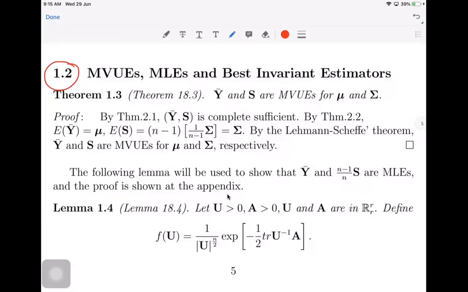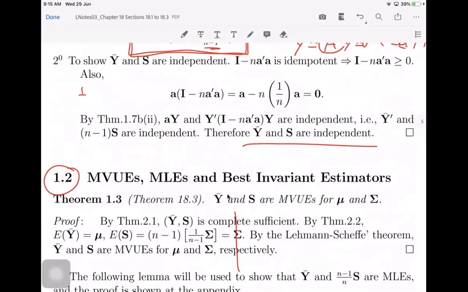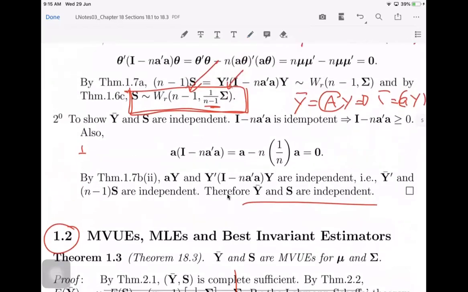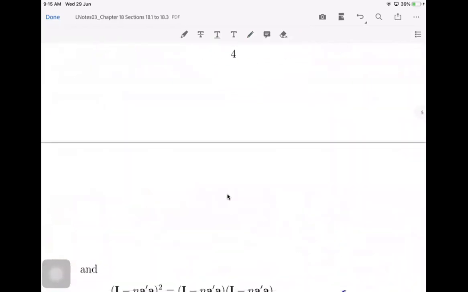So it's in chapter 6. So in chapter 6 in Arnold, you have corresponding MVUE and MLE estimators, no? So we'll just recall, let me have a space here, okay? So let's utilize this space.